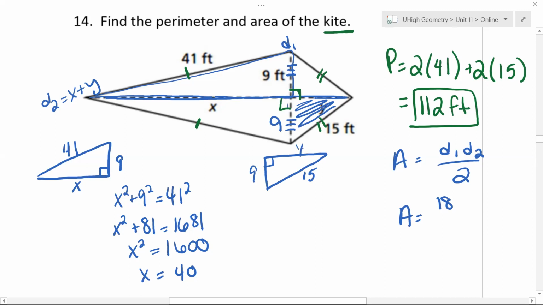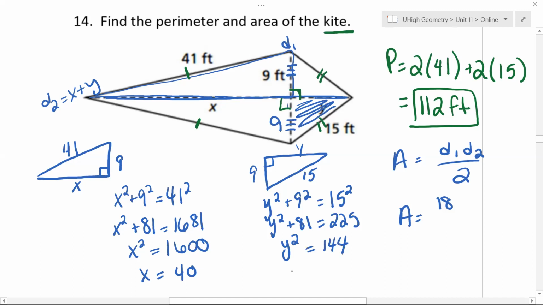So again, I could use the Pythagorean theorem and say that y squared plus 9 squared equals 15 squared. So y squared plus 81 equals 225. Subtract 81 from both sides and get y squared equals 144. And when I take the square root, I get that y equals 12.